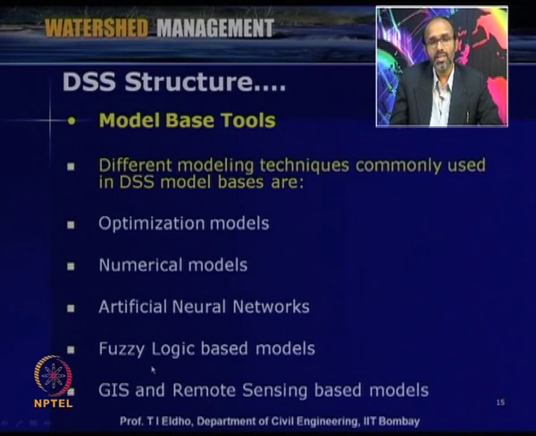Then of course, geographic information system and remote sensing based models are also used nowadays when we have to deal with a large database or larger area, like a river basin or a watershed. Let us have a brief look into various model based tools.